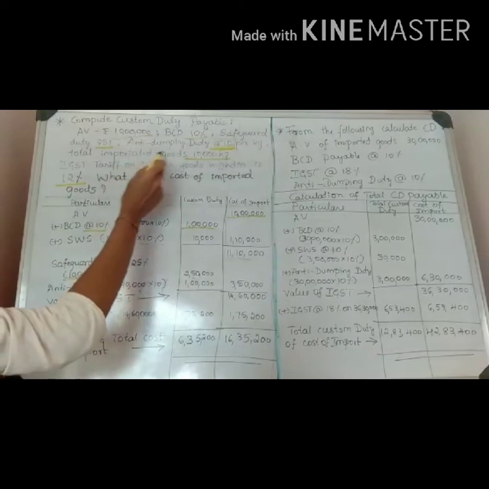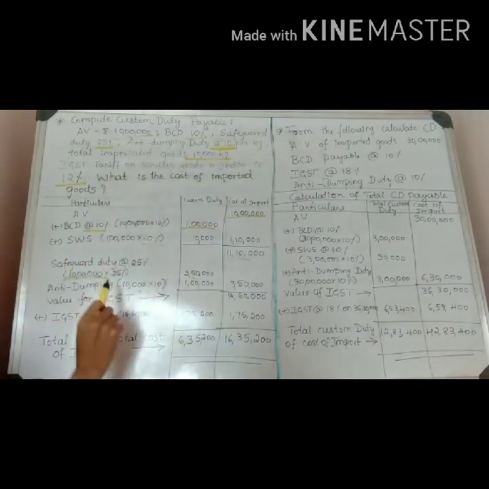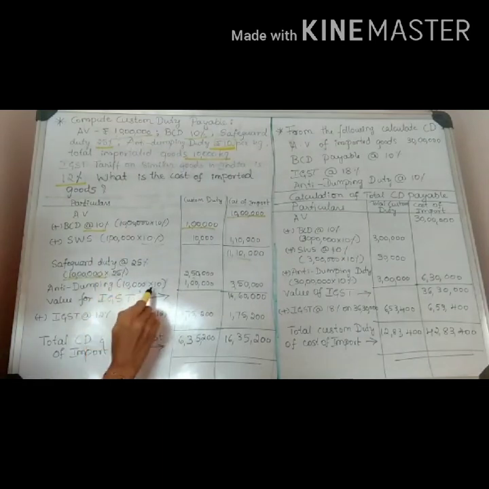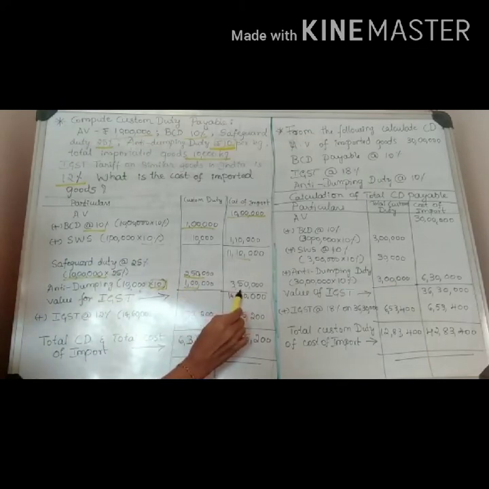Total imported goods is 10,000 kg, so 10,000 into 10, 1 lakh. So safeguard duty 2,50,000 plus anti-dumping duty 1 lakh, 3,50,000.